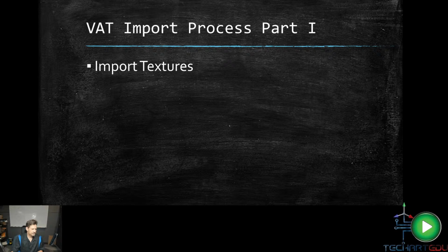You could end up with just 2 textures. You could end up with as many as 5, or even more. It really depends on the situation. So we want to load in all the textures that are currently available within the folder. And then once we import them, we have to take each individual texture and convert that texture into a vector map.